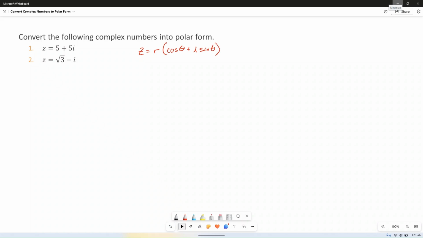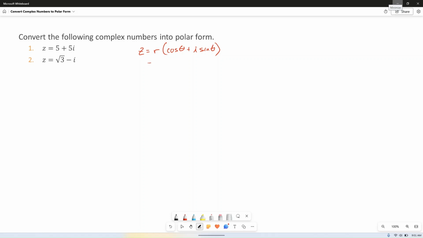Okay, so r is the radial distance outward from the origin to our point on the complex plane, and theta is the rotation. So it's the same stuff that we saw when we had polar coordinates, but it's not an x and a y. It's not an r comma theta coordinate. It's going to have this r times cosine of theta plus i sine of theta.